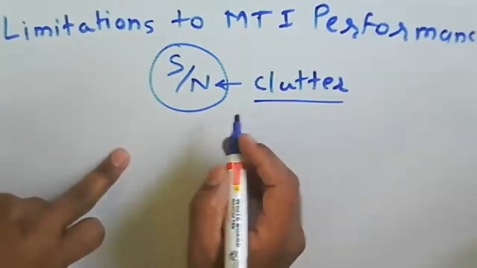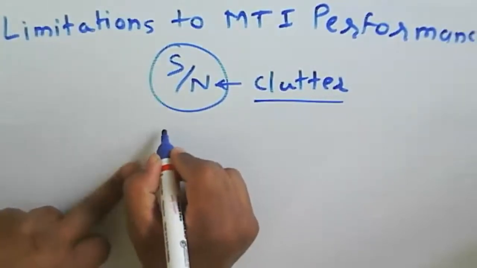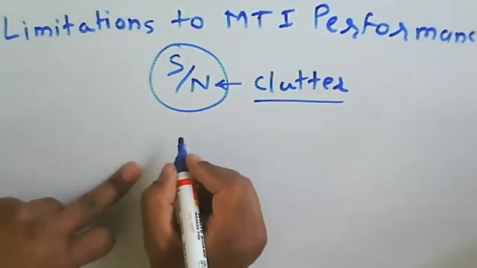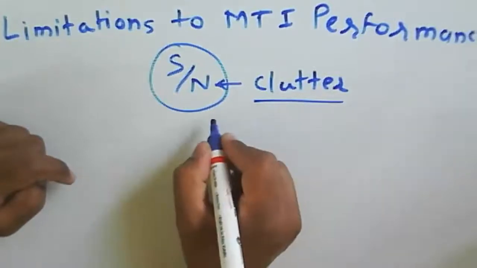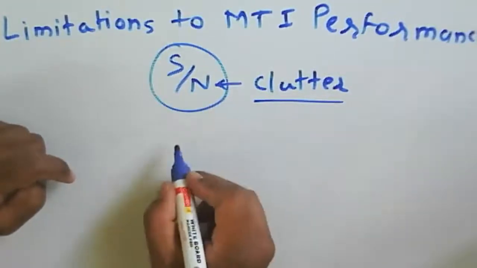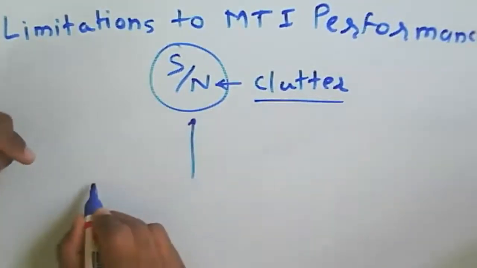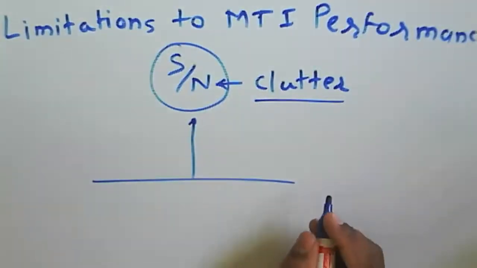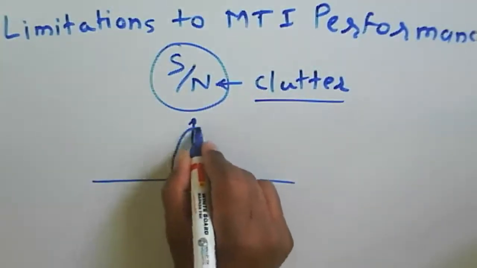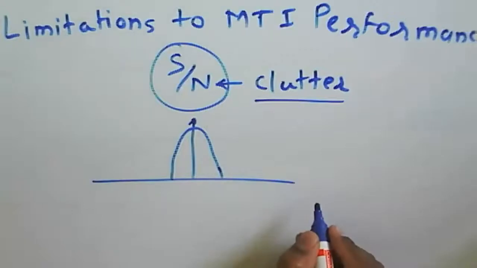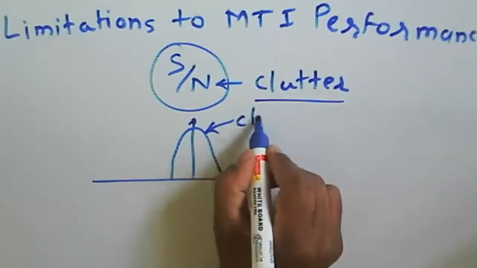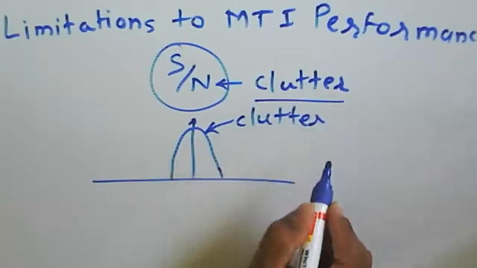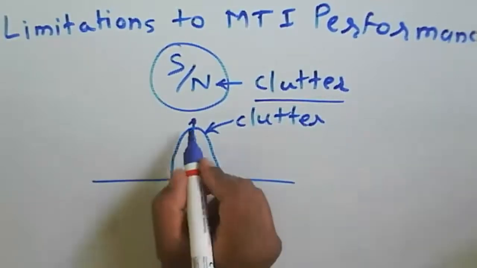Generally we have learned about the Doppler shift, and we have seen that various types of clutter and noise are present. If you see the performance of a radar, the information we are getting is called clutter.